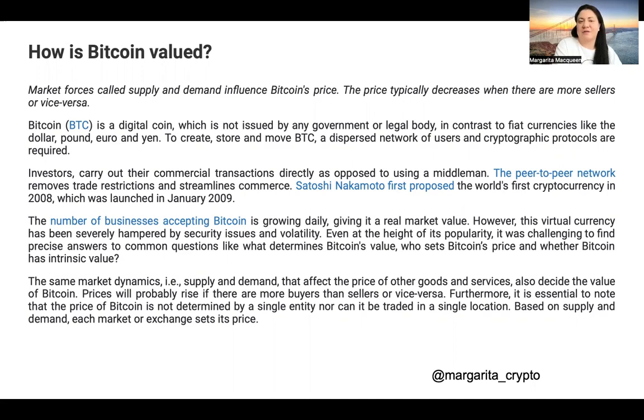Market forces called supply and demand influence the Bitcoin price. So it's different than our fiat currency, which is centralized because it's controlled by banks, by government and everything, but it kind of has similarity to how the stock will go, right?